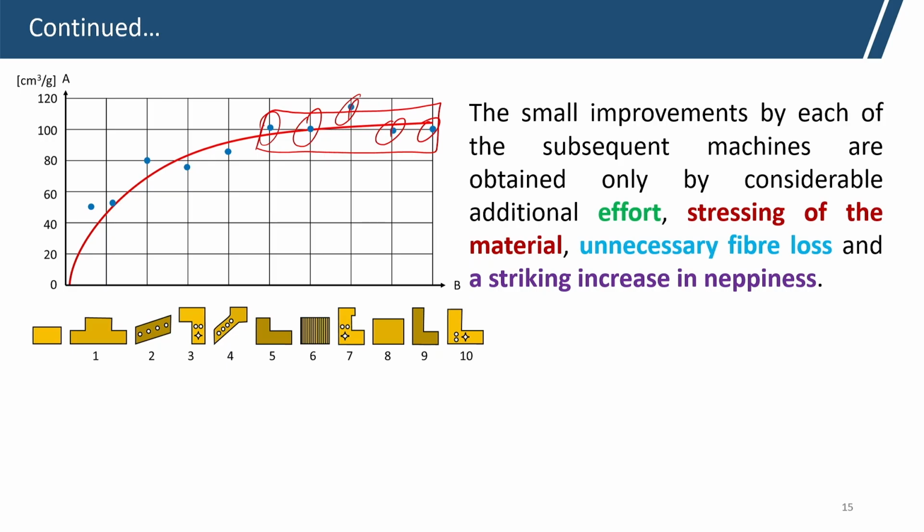By considerable effort and stressing the material, we are damaging it. The fiber gets damaged, there is unnecessary fiber breakage and fiber loss, and a tremendous increase in nappiness of the yarn. So we should not try to improve the openness by further beating action.